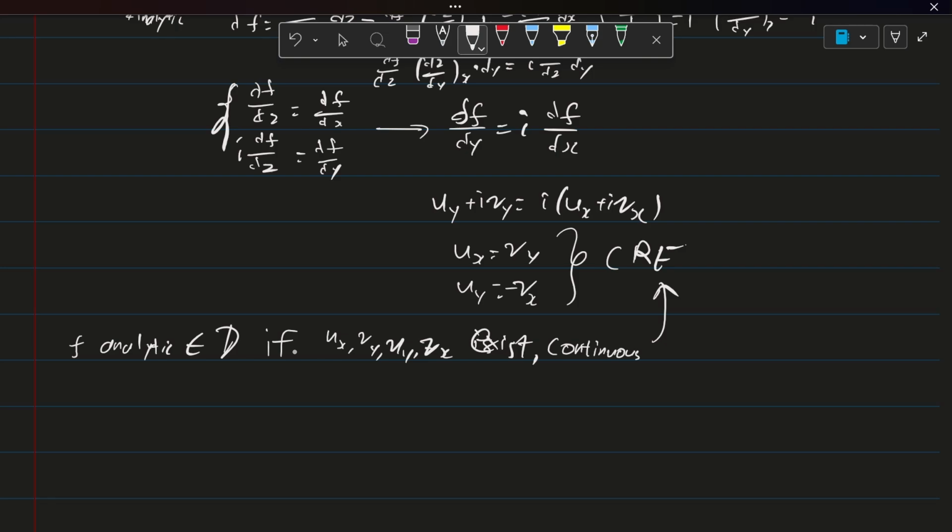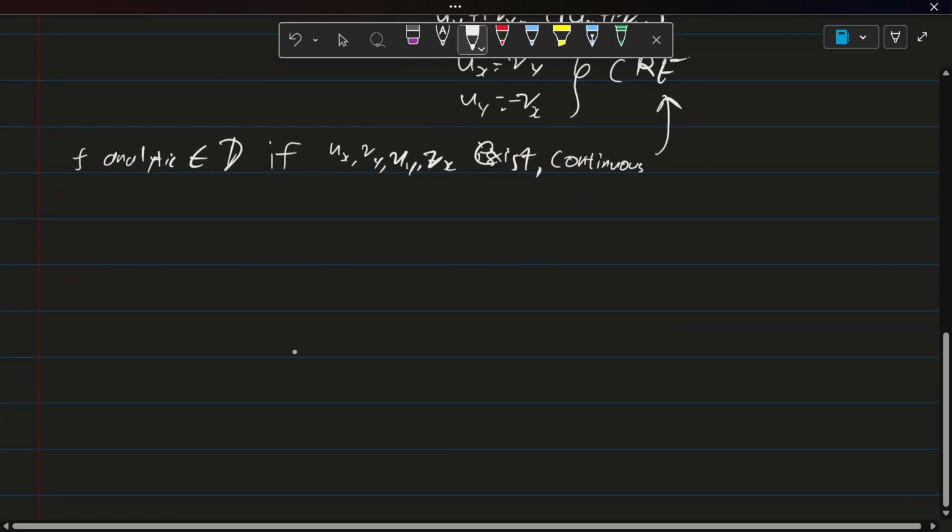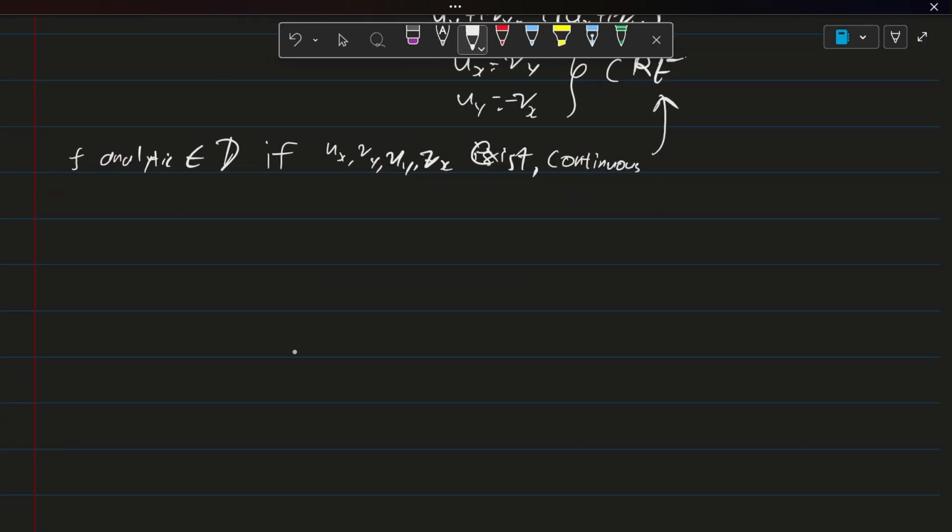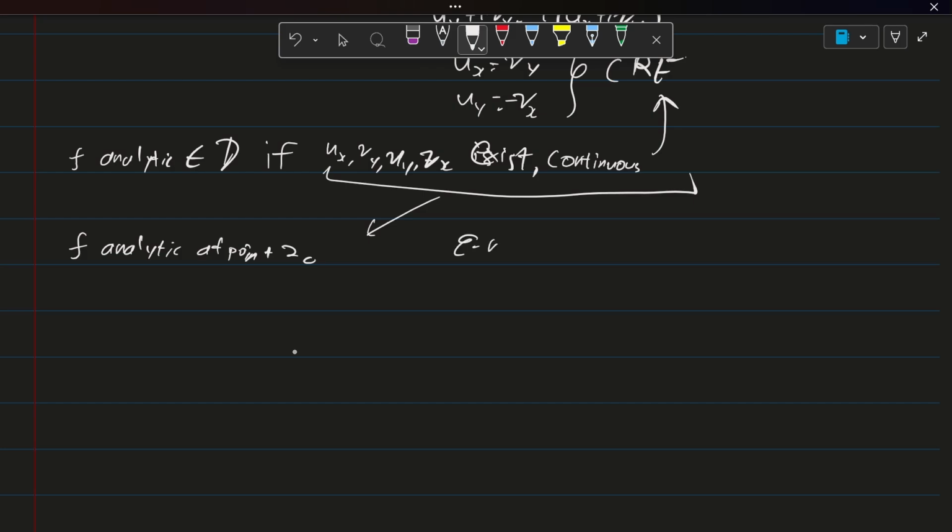You could do this with multiple different examples and figure out that it's analytic throughout the entire domain, or sometimes it is not analytic at one certain point, etc. But we could also define something which we call analytic at a point. F is analytic at a point z0, let's say. The way that we do this is that we use the same definitions, but instead we use the domain to be the epsilon neighborhood.